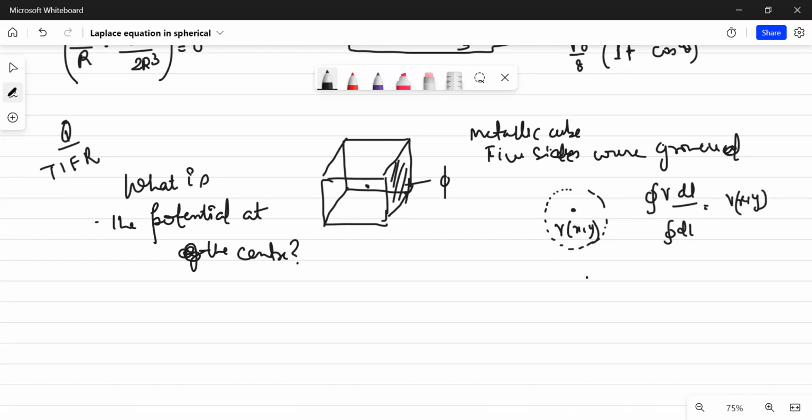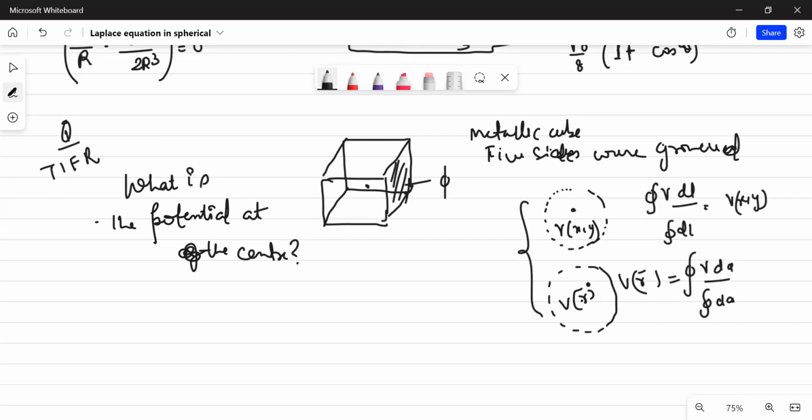Similarly, in the 3-dimensional case, if I have to find the potential at some r vector, I'll make a spherical surface all over and find the average potential over the surface using this formulation. This average potential is equal to the potential at the center. These are the mean value properties which are applicable for the harmonic function.